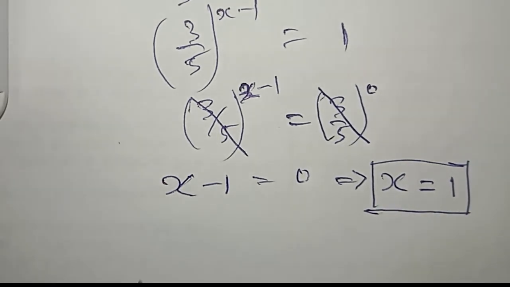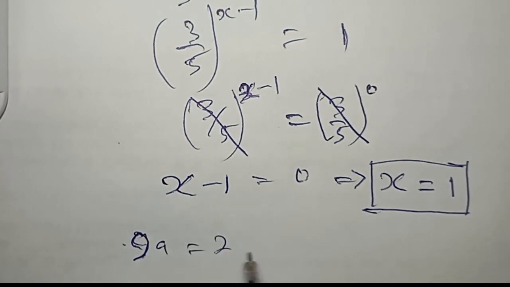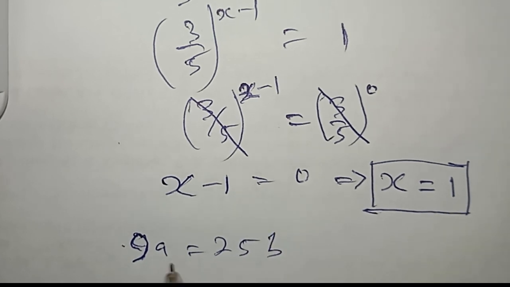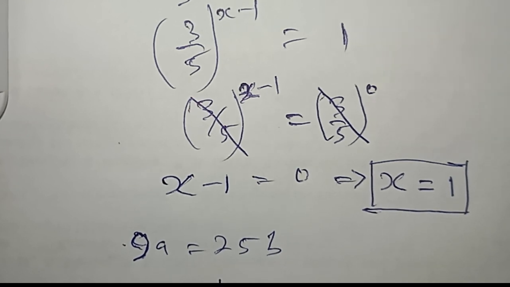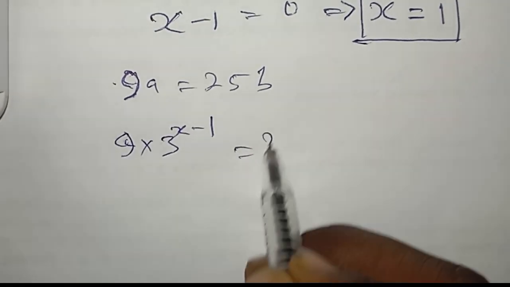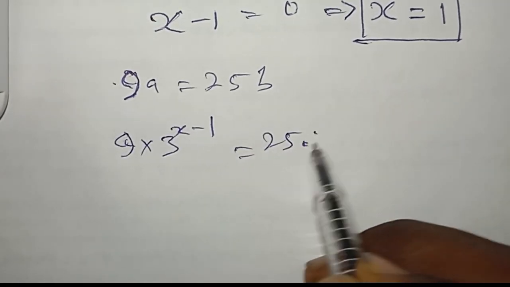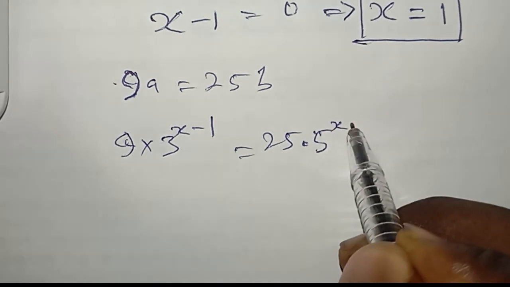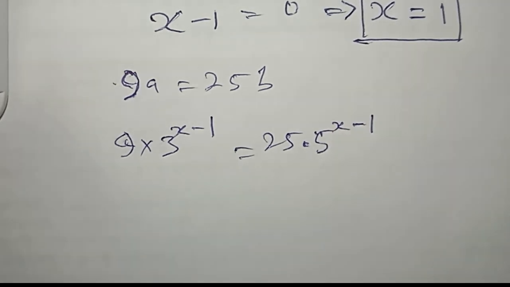So to get the second solution, we now make replacement for 9a equal to 25b. So we now have 9, our a is equal to 3 power x minus 1, and then our b is equal to 25 times 5 power x minus 1.